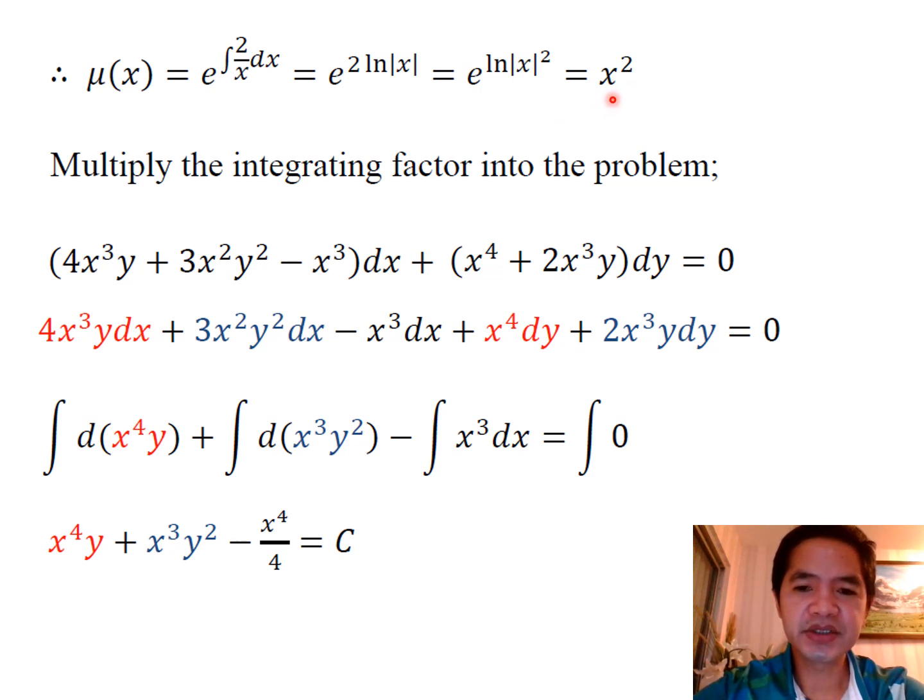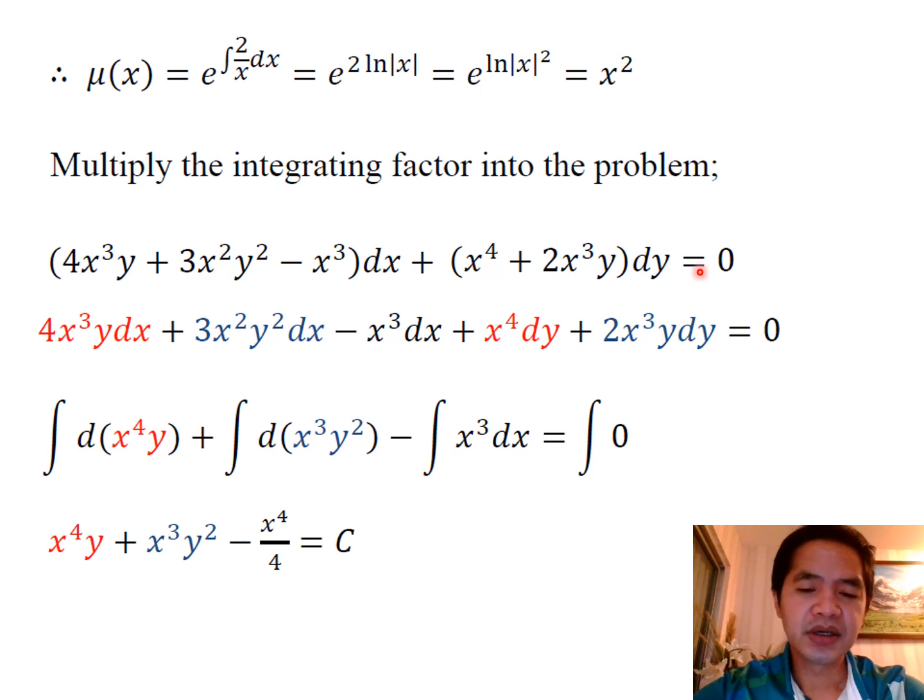Now the next step is you take the integrating factor and multiply it into the first ODE form. So you multiply into it, and we get (4x to the third y plus 3x squared y squared minus x to the third) dx plus (x to the fourth plus 2x to the third y) dy equal to 0.